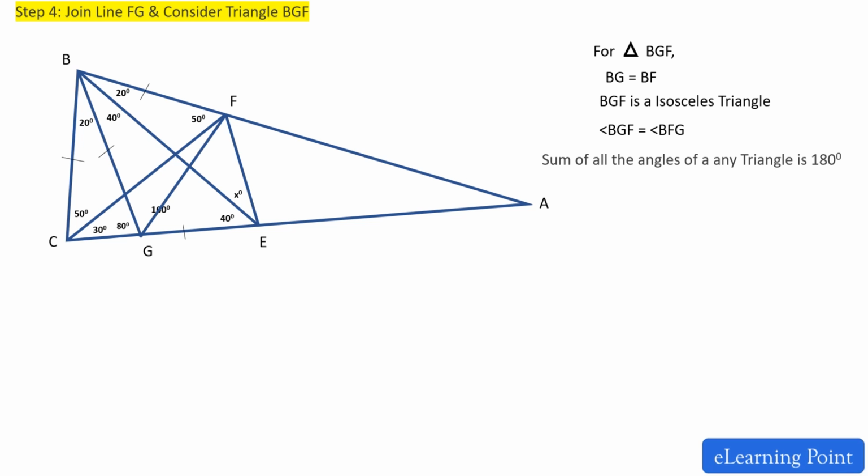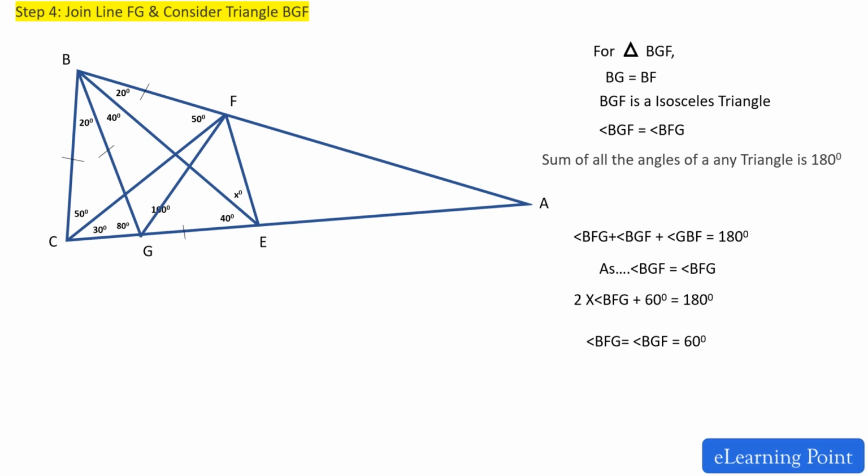Again, the sum of the angles of any triangle is 180 degrees. So we have one angle available, and the other is calculated from the isosceles triangle. So angle BFG plus angle BGF plus angle GBF equals 180 degrees. As angle BGF equals angle BFG, 2 times angle BFG plus 60 degrees equals 180 degrees. So angle BFG equals angle BGF equals 60 degrees. We have mentioned that angle in the picture as well.